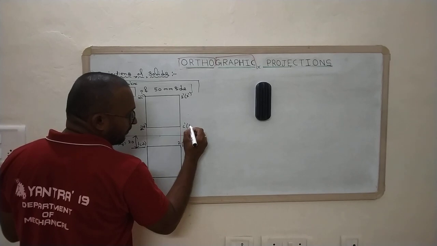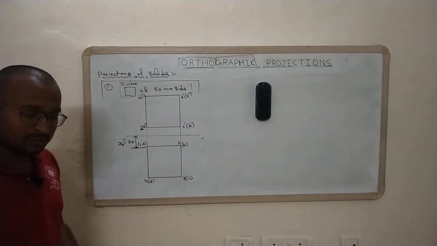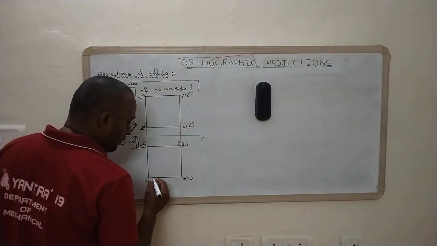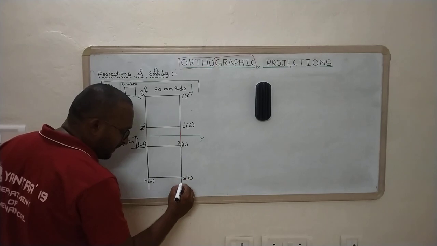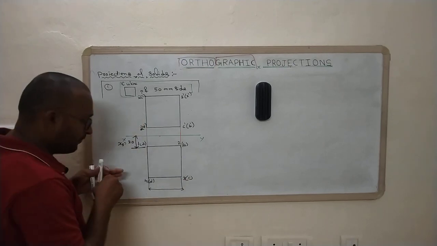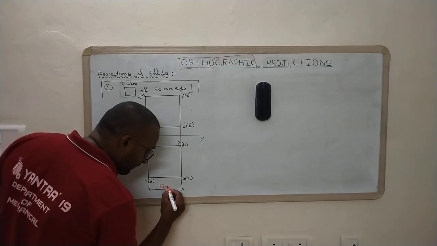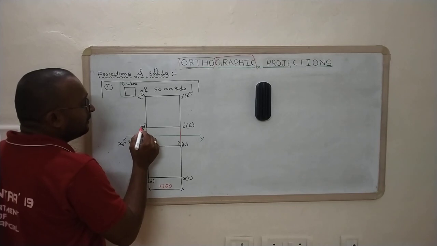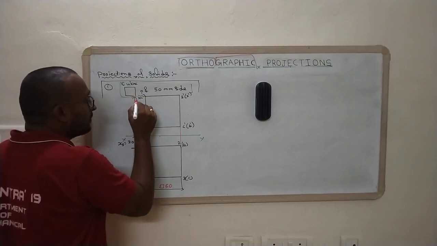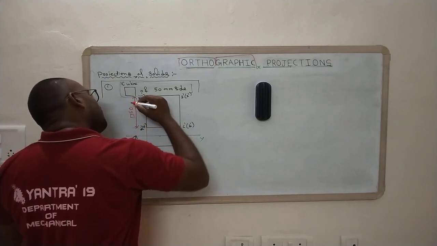So this is the way how we need to solve the problems. Here we must mention the dimensions of the given problem: square of 50, and here also square of 50.